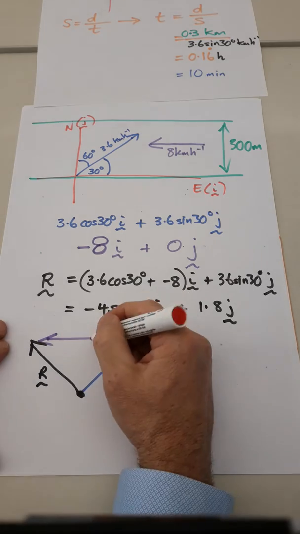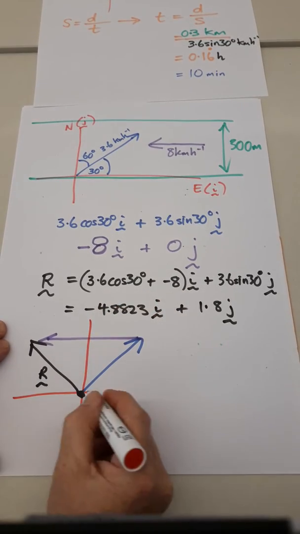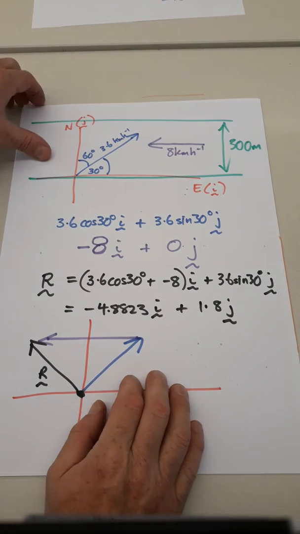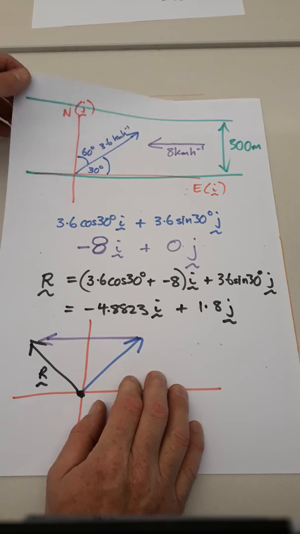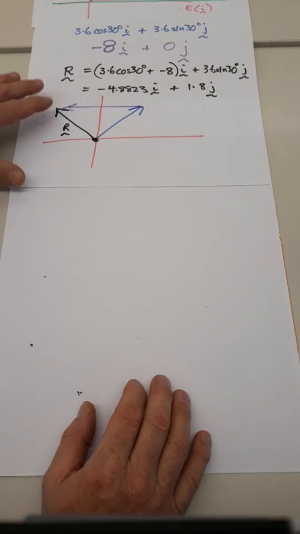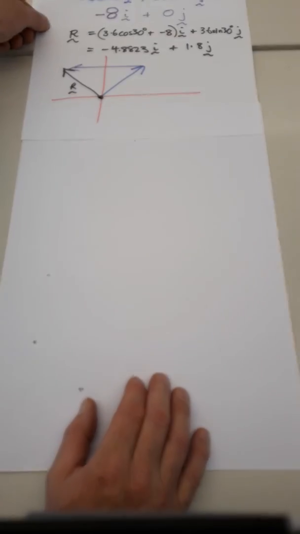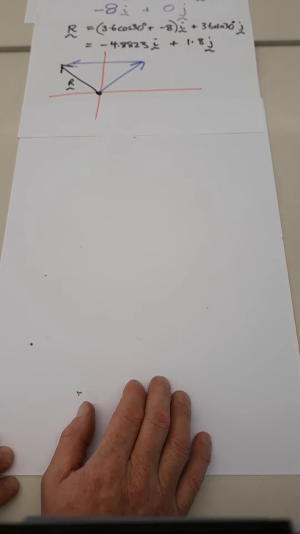And if I just draw these back in here quickly, this resultant vector, we can work out what its magnitude and direction is. So I'd like to do that now. The magnitude and direction of that resultant vector there. So I can just push that up a little bit more. And we can see that at the top of the screen.